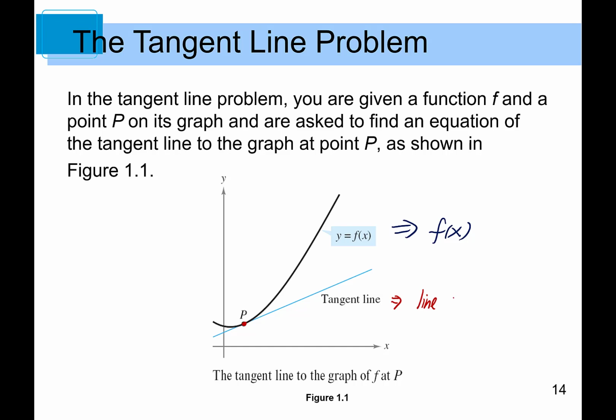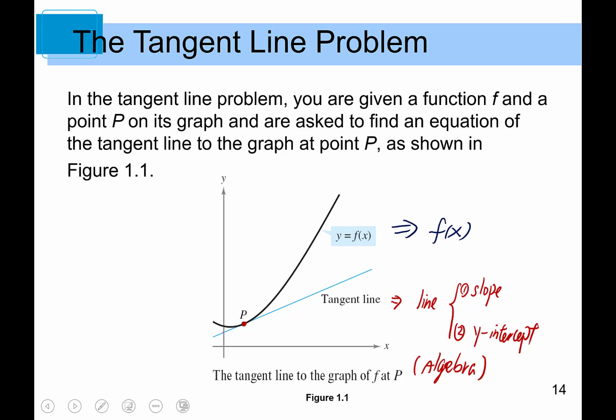So in order to find a line, you need 2 things, right? Slope and a y-intercept. So whatever you learn in the algebra course, you can apply here with a layer of limit.